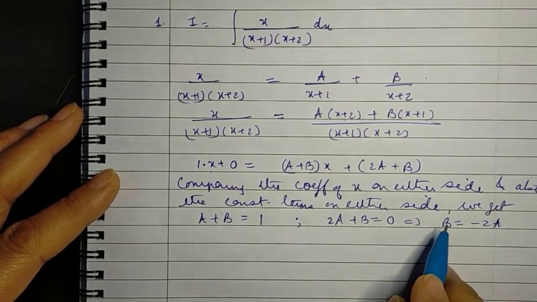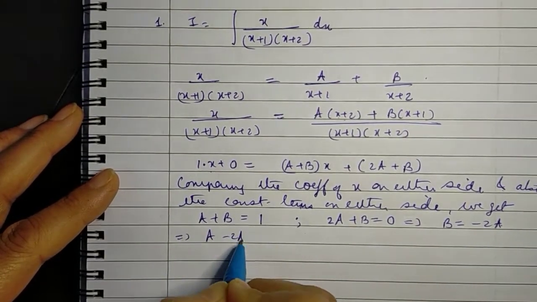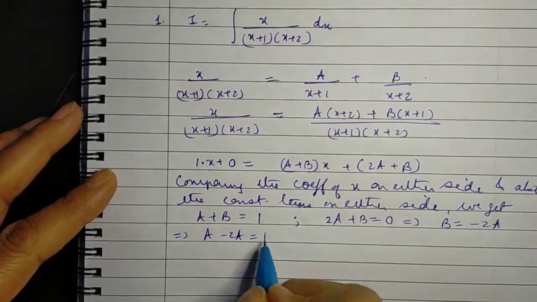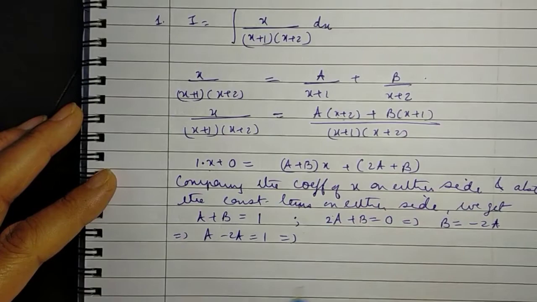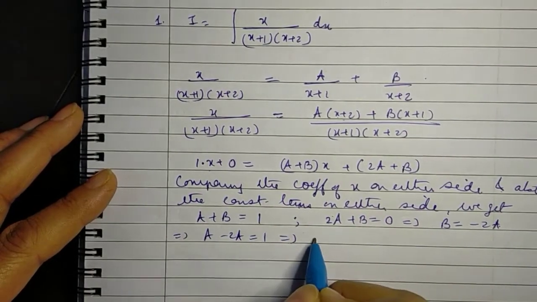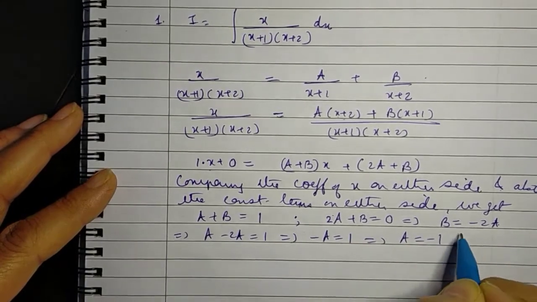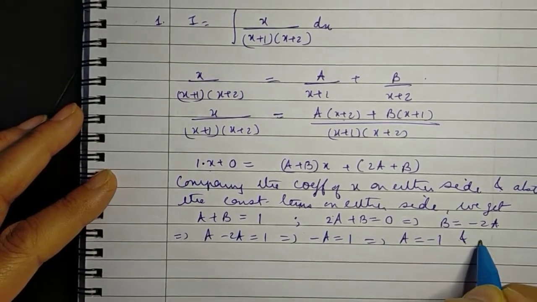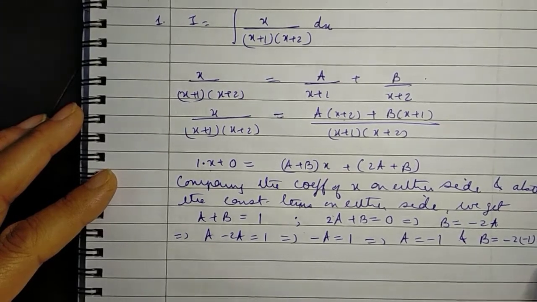Substituting this b equal to minus 2a over here, we get a minus 2a equal to 1, which gives us minus a equal to 1, which gives us a equal to minus 1, and from here we get b equal to minus 2 times minus 1, which is 2.